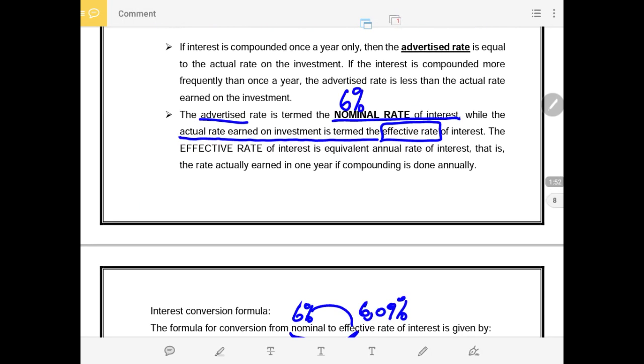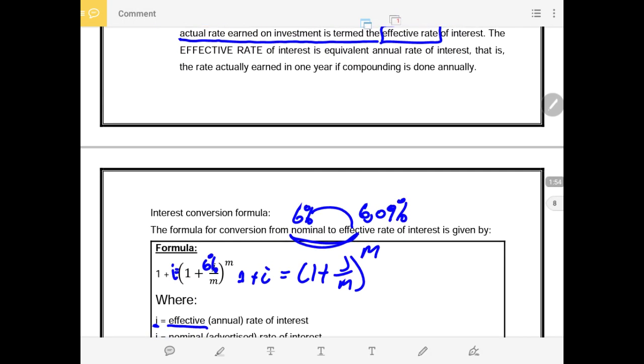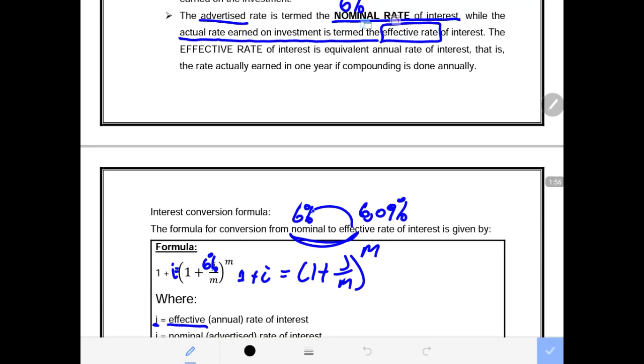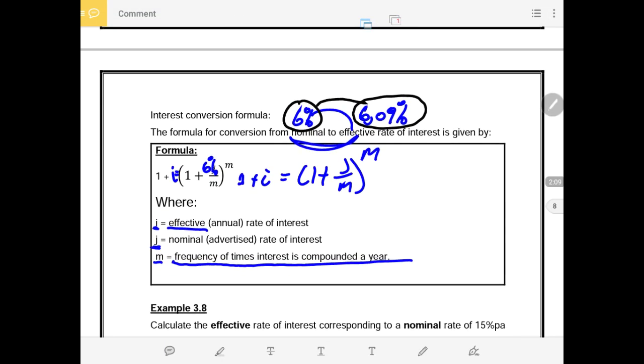And we said now we need to be able to convert the interest rate from a given advertised nominal rate into the actual and effective interest rate. And we said that we do have a formula that can help us to do so.